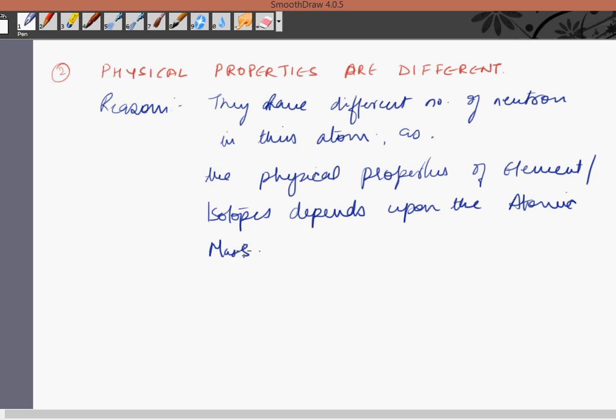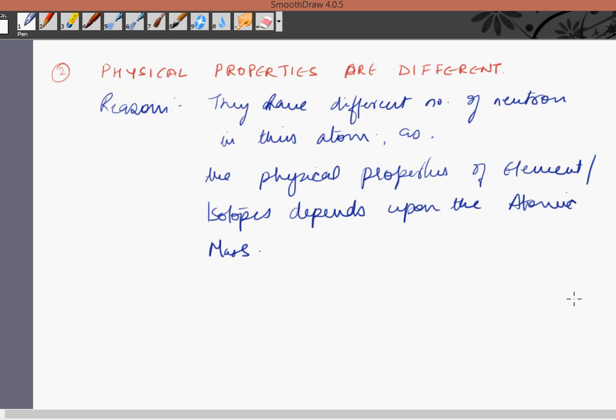So here is the reason behind the difference in physical properties, that the number of the neutrons in their atom is different. So the physical properties are different.